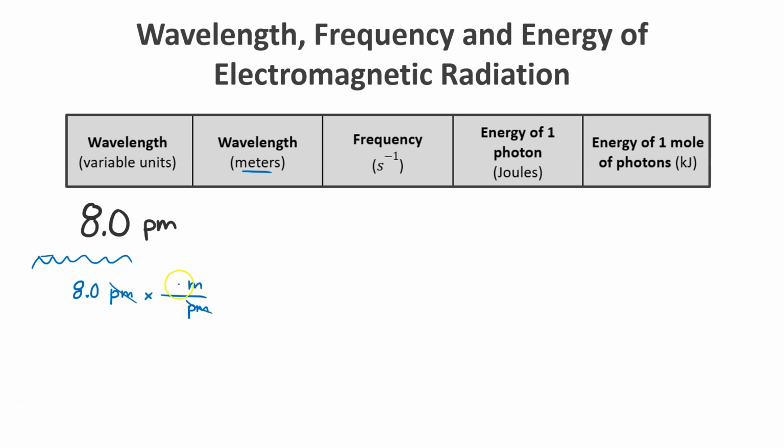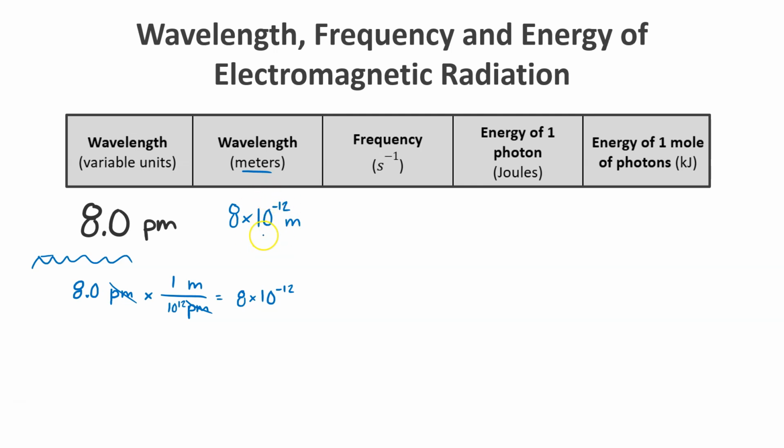I'm changing that into meters, and if you look up any metric conversion chart, you'll find that there are 10 to the 12 picometers in 1 meter, which means the wavelength in meters now is simply 8 times 10 to the negative 12th. I'm going to keep track of all these things officially up at the top. 8 times 10 to the negative 12th meters is my wavelength.